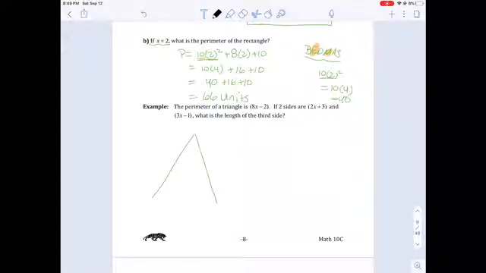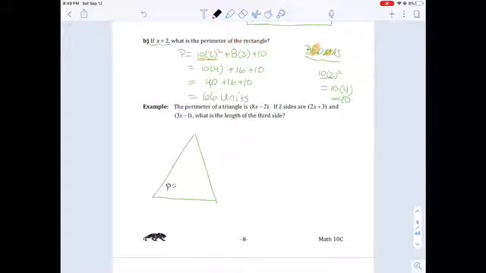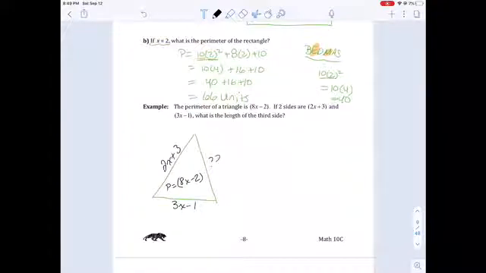Okay, so I'm just going to rewrite this, sorry. Our perimeter is 8x minus 2. That's the actual perimeter. I know that's the outside. And it says two sides are 2x plus 3 and 3x minus 1. So what's the length of the third side?